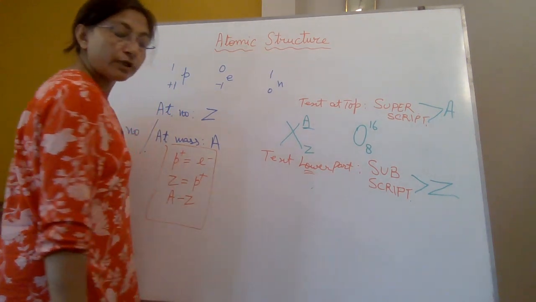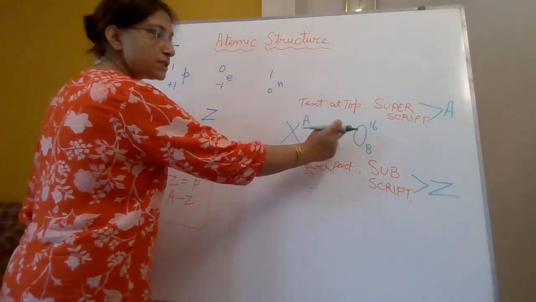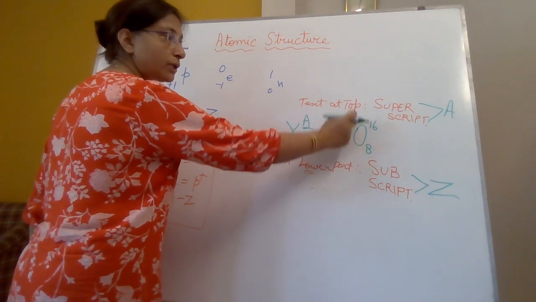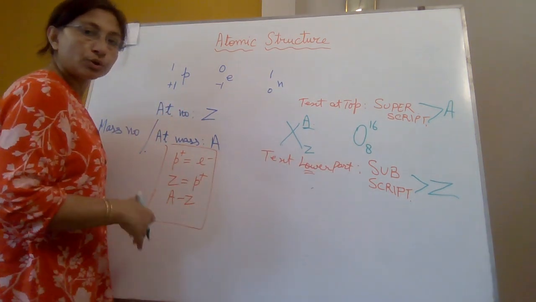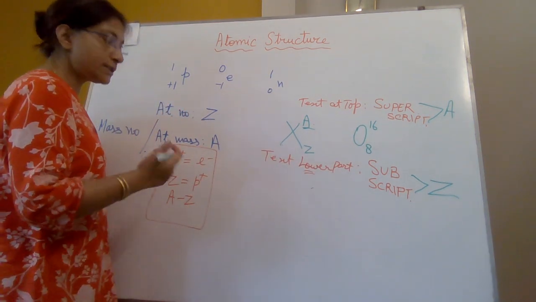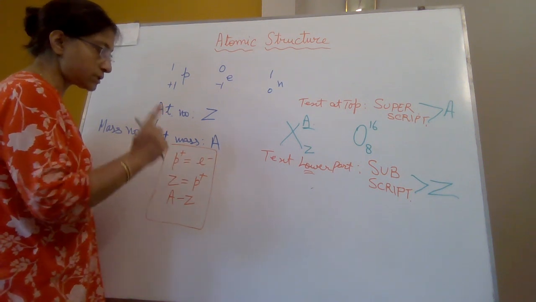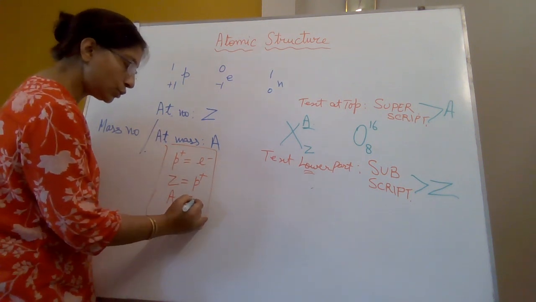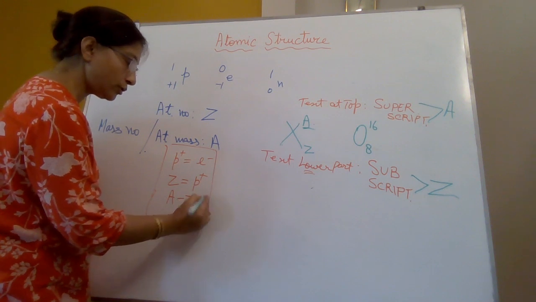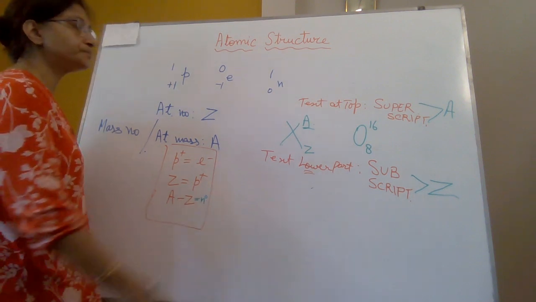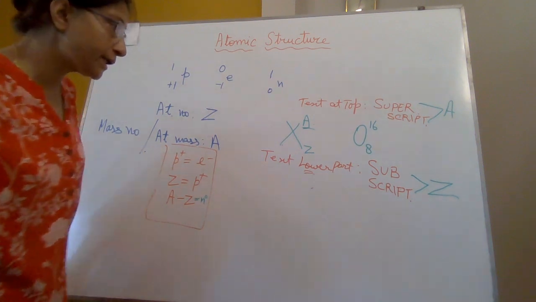So if you are given only the element along with the atomic number and the mass number, you can actually calculate its number of protons, electrons, atomic number, mass number, and even the neutrons. Here it will give you your neutrons. Fine. Let us take an example.